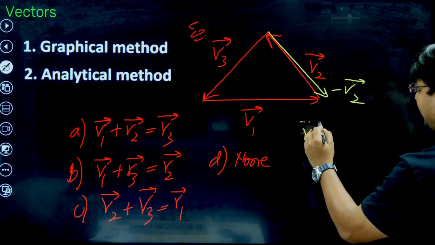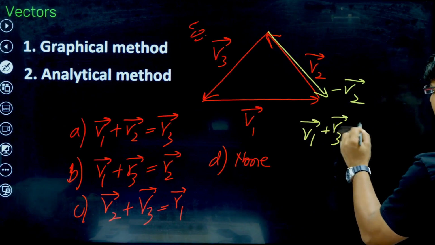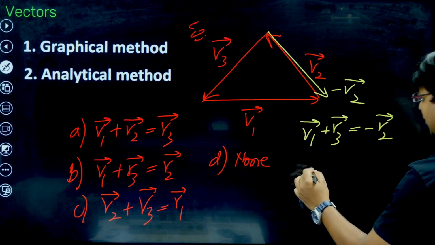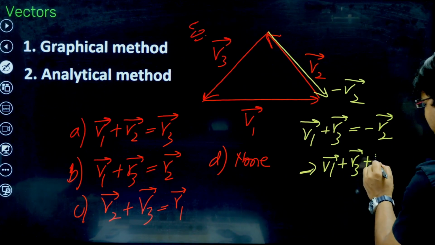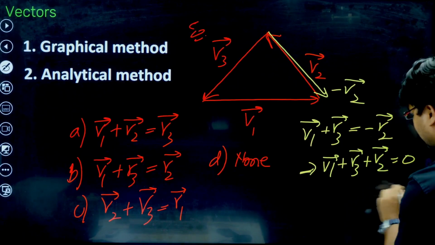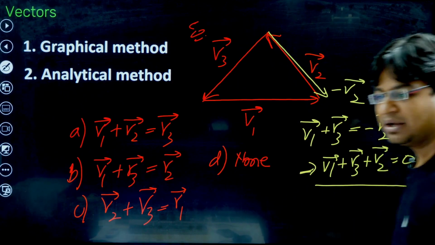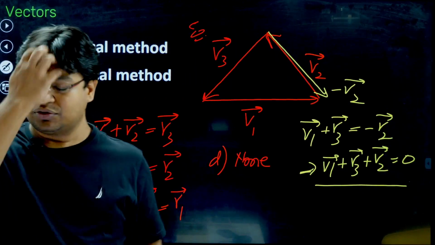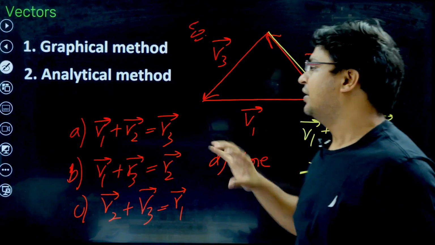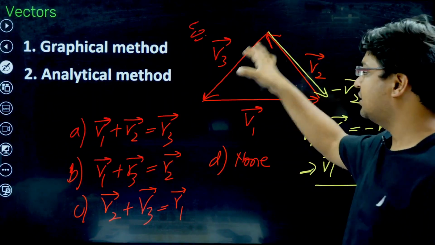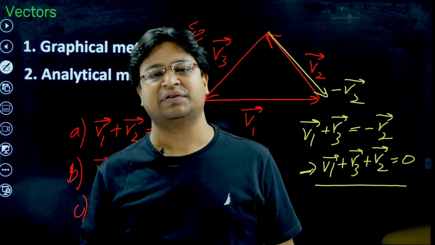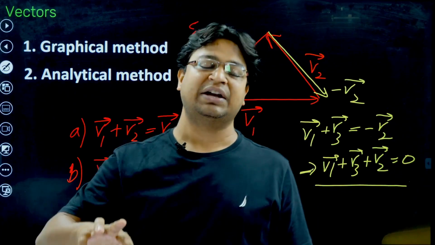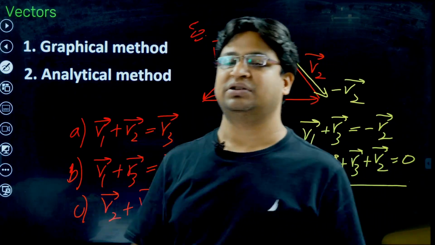So v1 vector plus v3 vector is minus v2 vector, or in other words, v1 plus v2 plus v3 becomes 0. That is the applicable relationship right now. You could have done this with any vector. In the red arrows, none of the arrows was the resultant of the other two. Rather, the reverse of any red arrow would become the resultant of the other two.